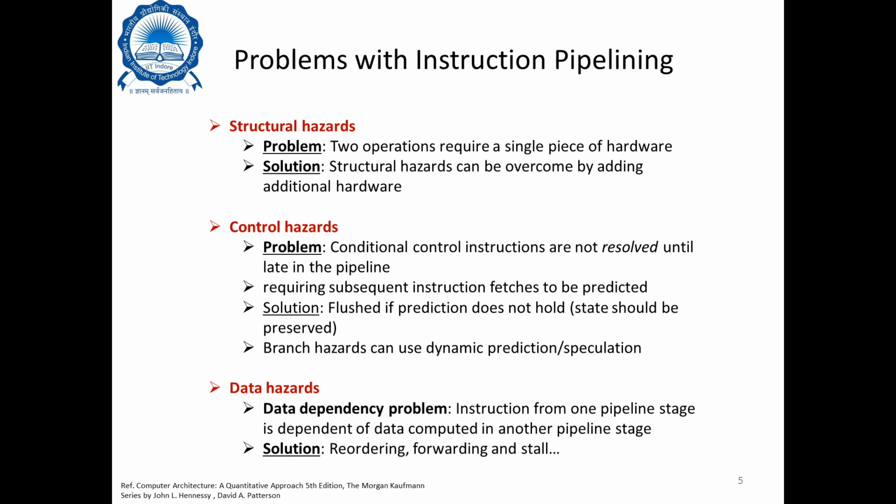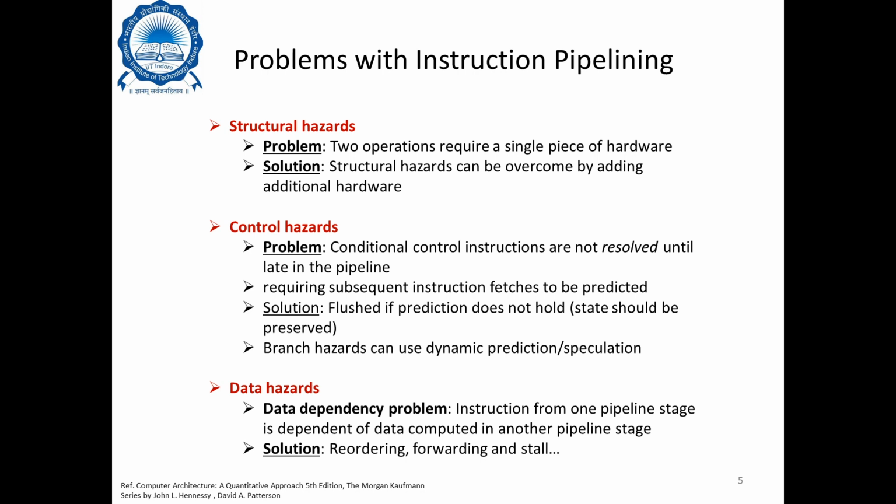Solution is flush if prediction does not hold. Okay, if it's a wrong prediction, then we'll flush out the wrongly predicted instruction. And branch hazards can also use something known as dynamic prediction or speculation in order to somehow resolve this process of being late in the pipeline to find out what is going to be the next instruction.